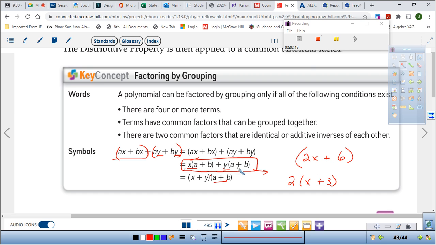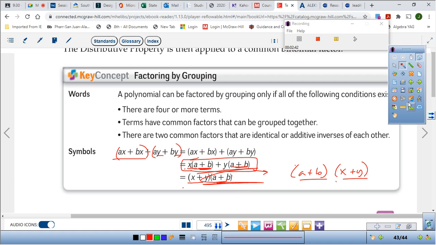Okay, so in this situation, I would factor out the A plus B. When I factor out the A plus B from here, it leaves me an X. When I factor out the A plus B from here, it leaves me a Y. So this is the same thing as this. Cool? Yeah, it takes a while. Pause it and look at what's going on.